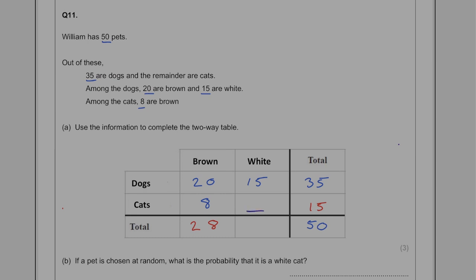So 15 minus 8 would be 7. And then this final one becomes my checking value as well. So I can do this two ways. 15 plus 7 should be 22. And then also 50 minus 28 gives you 22. So we've got it kind of doubled up there. So we can be certain that we filled our table in right.